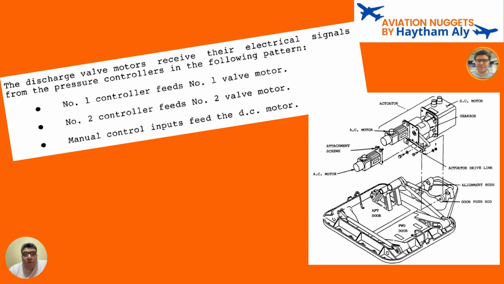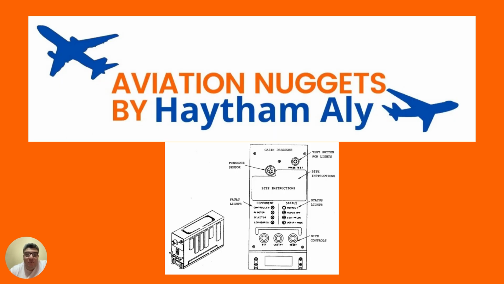Number 1 controller, or CPC1, will feed or control motor 1, and number 2 controller will feed motor 2, and a manual control input feeds the DC motor from the cabin pressure control panel, just in case the two automatic controllers fail. So the pilot will have the privilege of manually controlling the outflow valve.